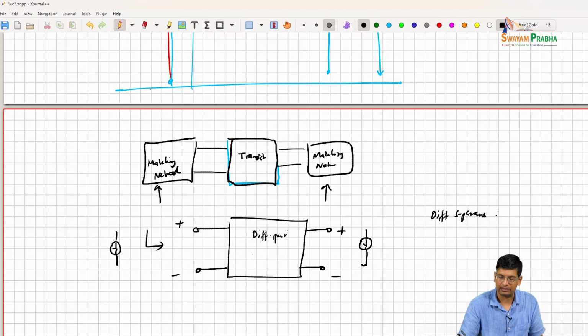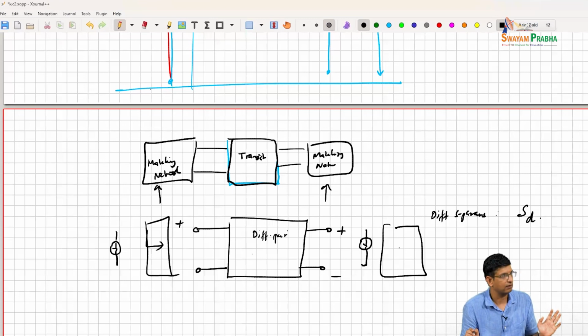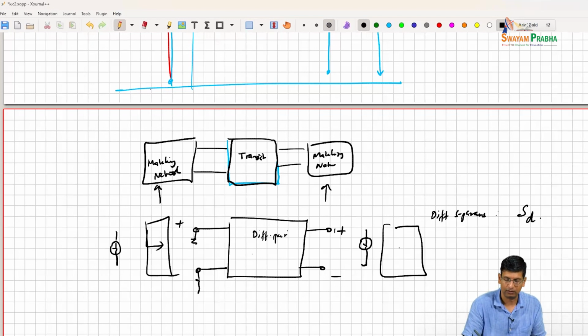And that basically is my, I'll call it SD, right? And if it shows some instability, building a differential matching network is not going to change anything for that. So, common mode effects. If you excite this in common mode, and let's say you have some common mode S parameters, I'll call that SC.